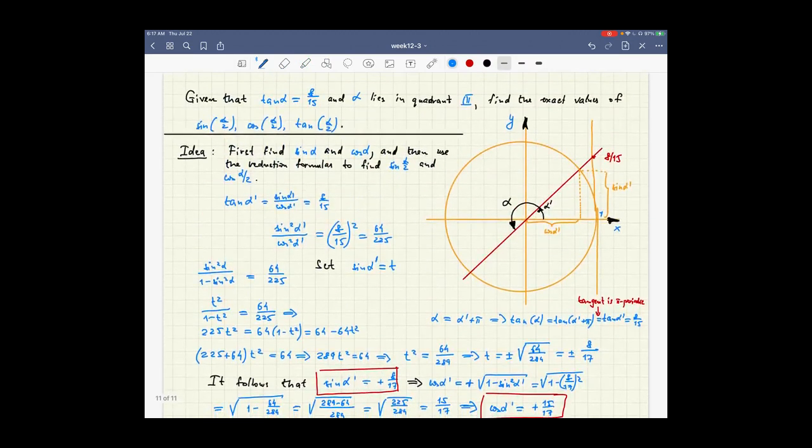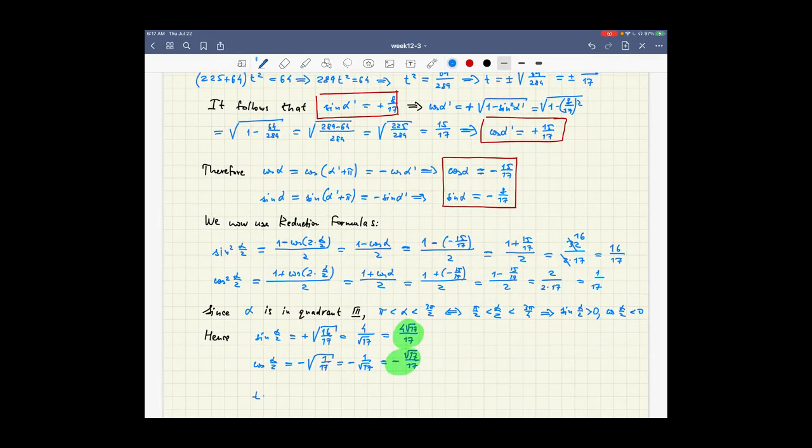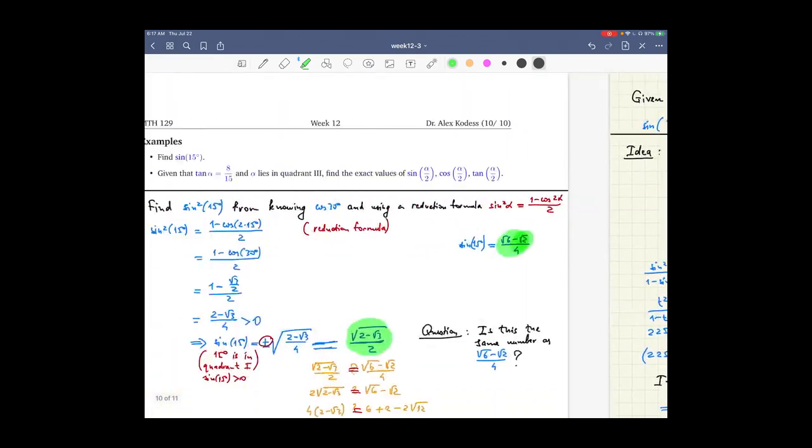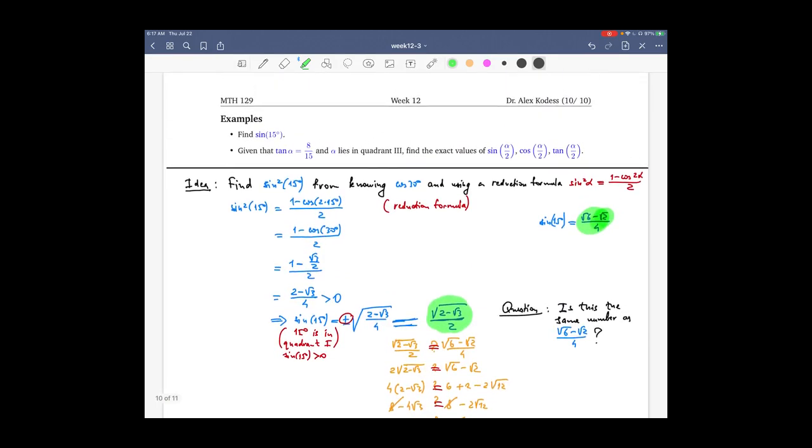And therefore, the tangent of alpha over 2 is simply the ratio of these two, 4 over root 17 over negative 1 over root 17. That is simply negative 4. This finishes this example.